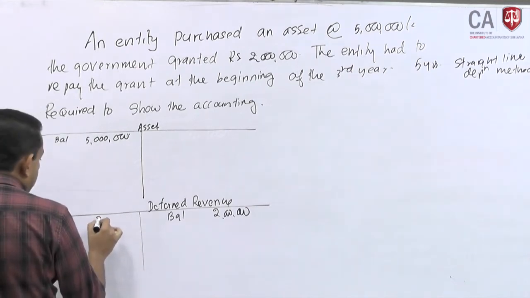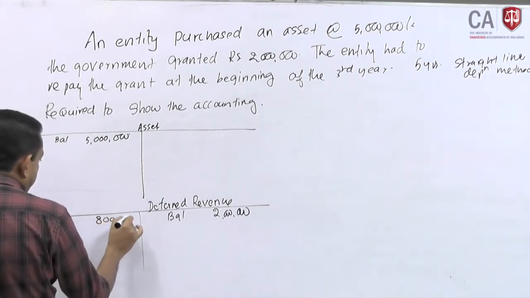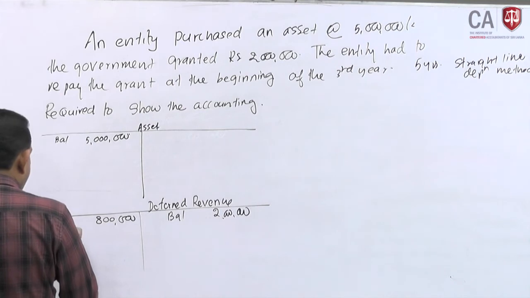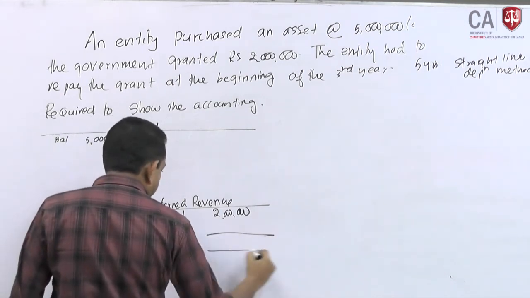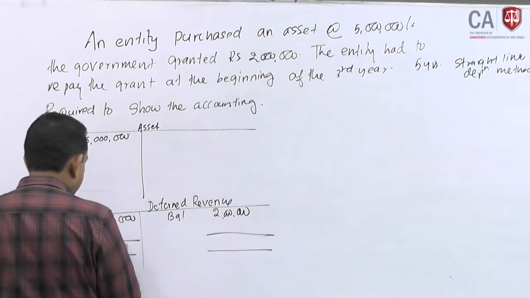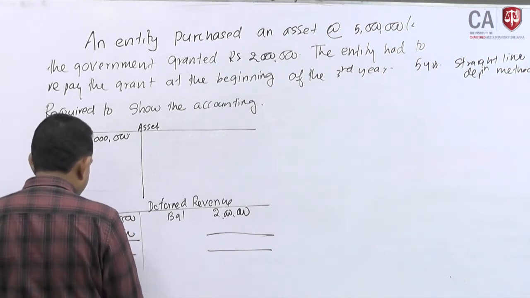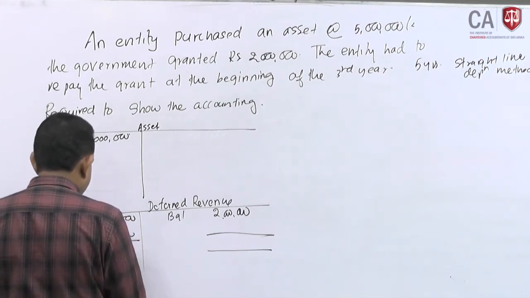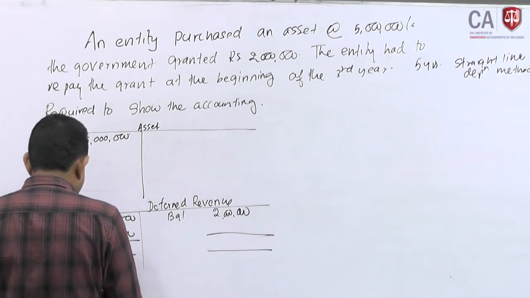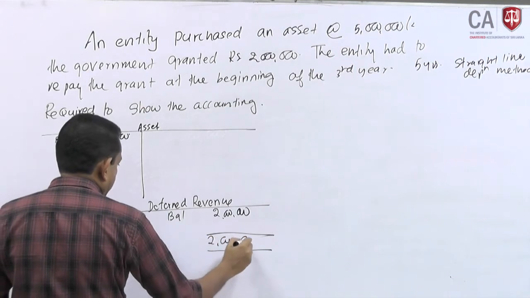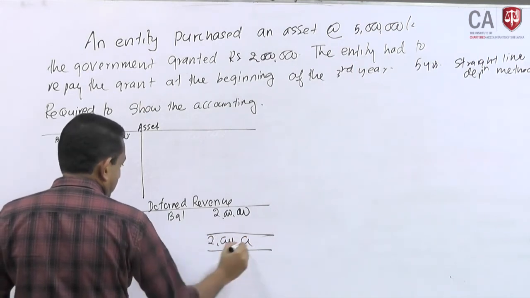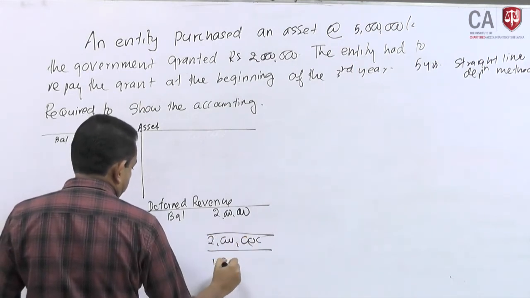So 800,000 would have been transferred in the previous 2 years already, and what is remaining by now is 1.2 million rupees. I made a mistake: the total is 2 million, and the remaining balance is 1.2 million.